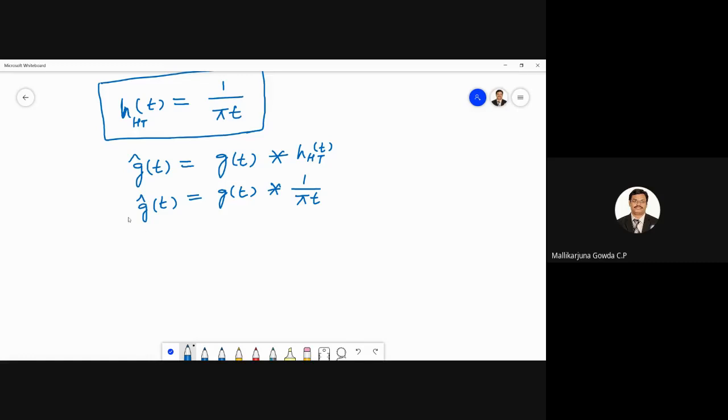So this is the time domain representation of the Hilbert transform. And we know what this operation is called. This is the convolution operation in time domain.